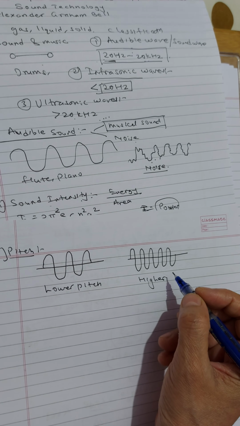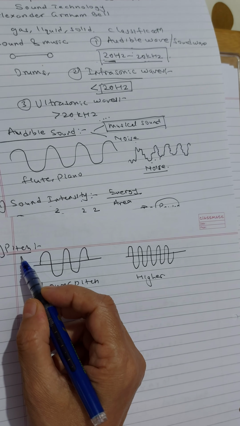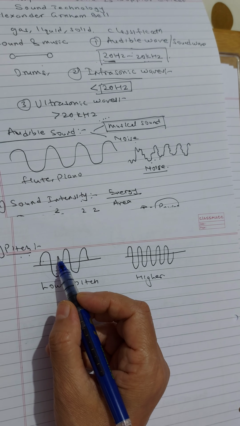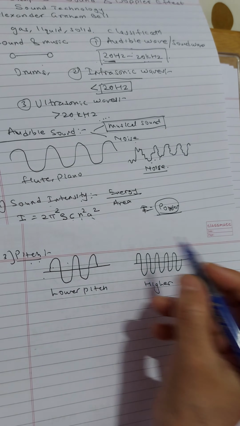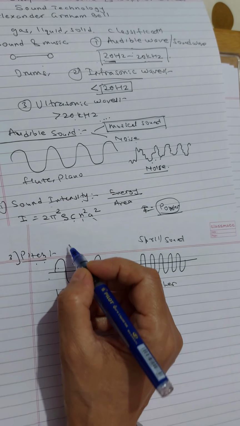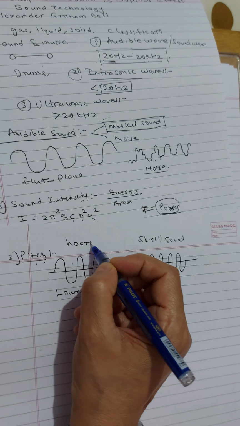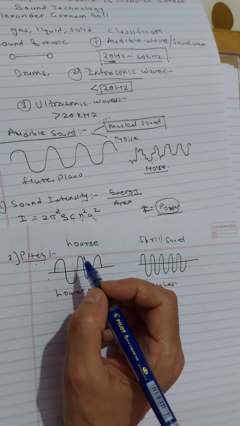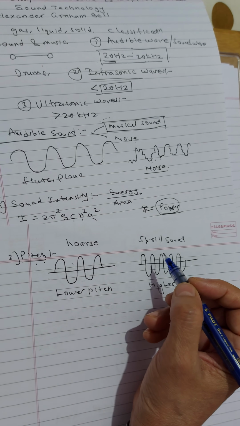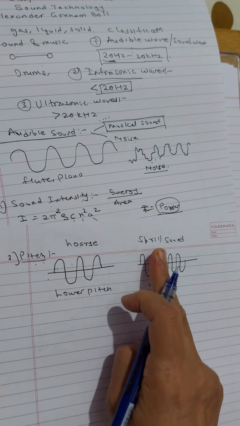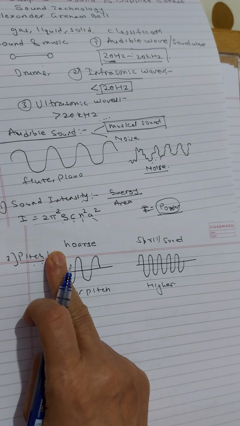So what we can say is that pitch is basically a characteristic of a musical sound by which one can distinguish between a shrill sound and a grave or hoarse sound, even though the two sounds may be of the same intensity.